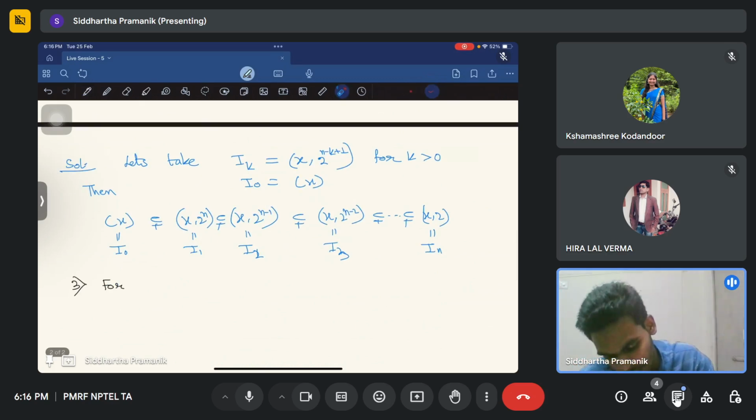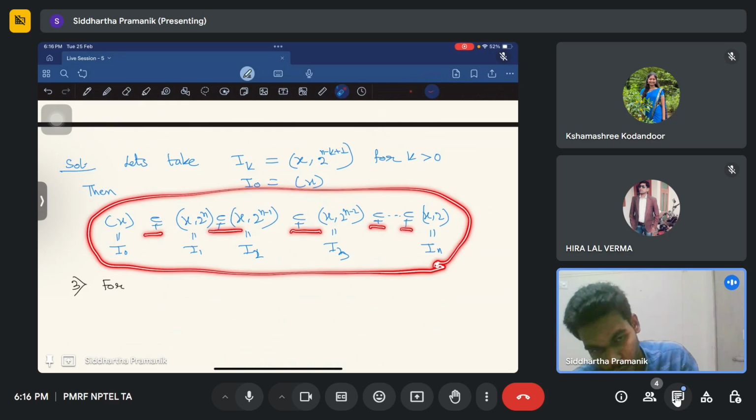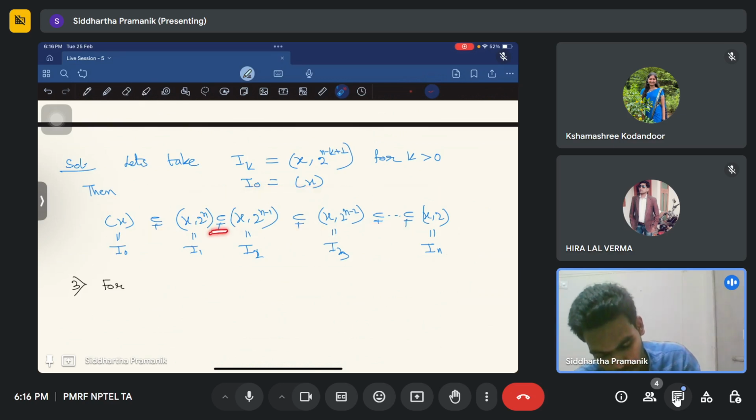So I am claiming that this chain is a strictly ascending chain of length n. Strictly ascending means we have these proper containments. So you just need to check that these containments are proper, right? So how will you check that?